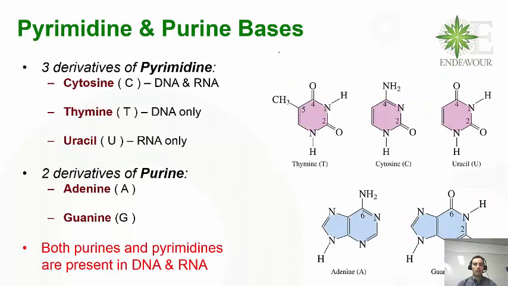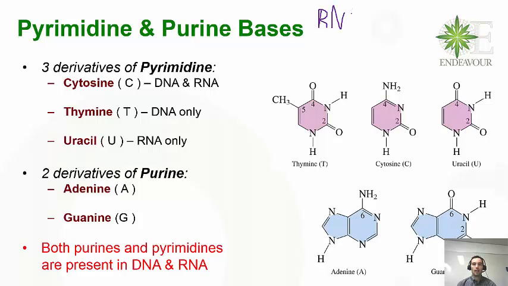Alright, so here are our different structures of our pyrimidine and purine bases. So we can see some of the nucleotide bases that I've already been talking about with our cytosine, thymine, uracil, adenine, and guanine. So depending on whether you're in DNA or RNA, you're actually going to have a certain 4 of these.